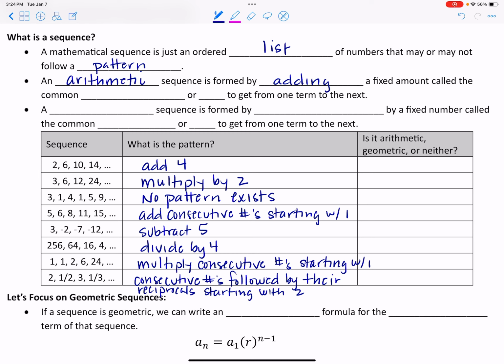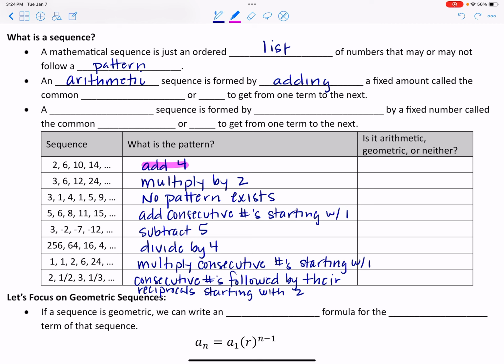Now, we've got several examples in this list where we're adding. We're adding 4 here, we're adding consecutive numbers here, and then subtracting is like adding a negative, so we're doing that here. However, only 2 of those are actually arithmetic.